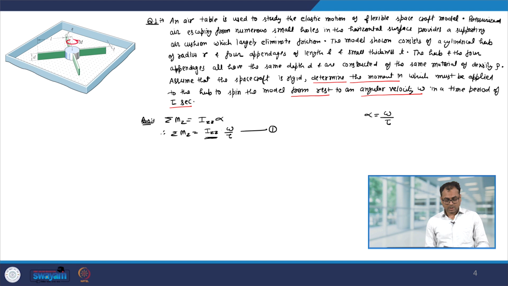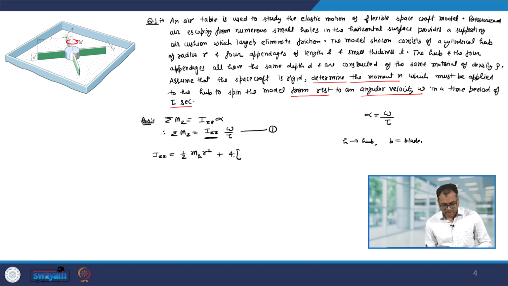Okay. So, I zz, or the moment of inertia of this assembly about the z axis, will be half m, let us say h for the hub and b for the blade. Okay. So, we have one hub and it is in the shape of the disc. So, therefore, the moment about the z axis will be half m h r square, plus there are 4 blades.